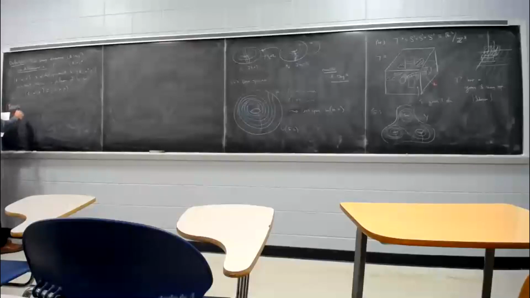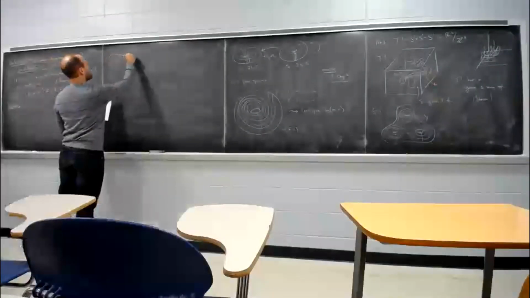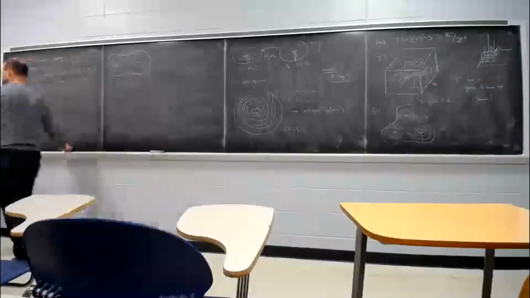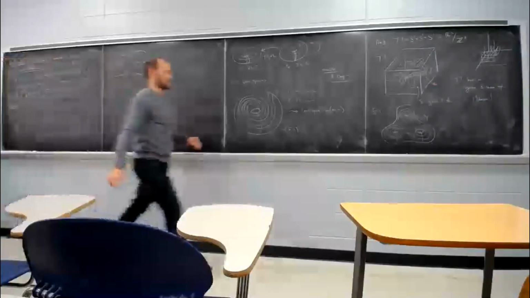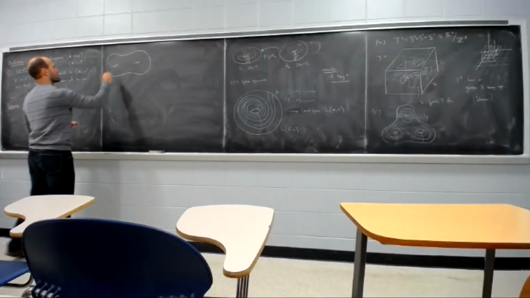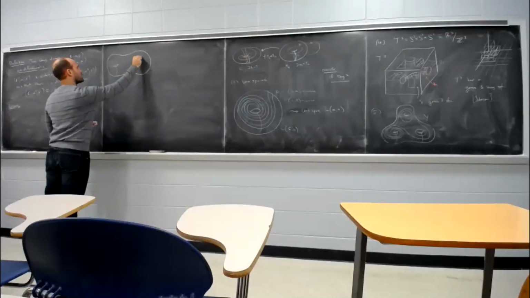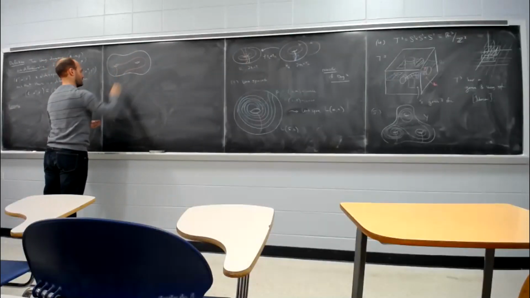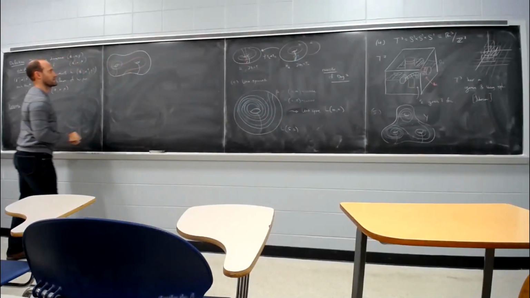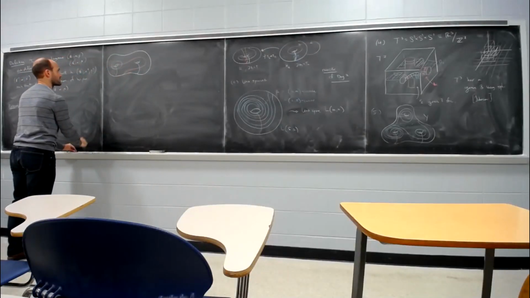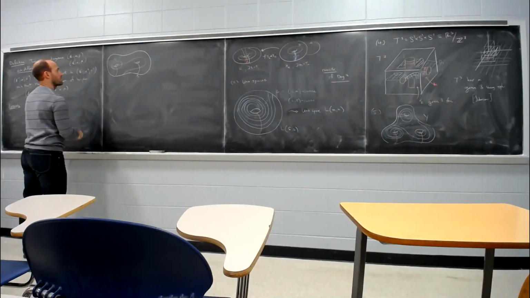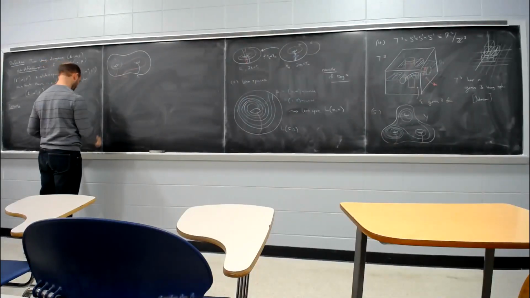So suppose somebody hands you this diagram and asks you to tell them something about it. So this is a nice Heegaard diagram with two beta curves and two alpha curves. Different names. Beta 1, beta 2, and alpha 1, alpha 2.